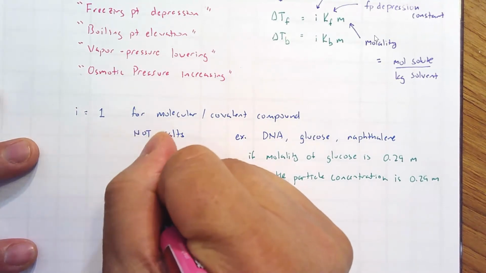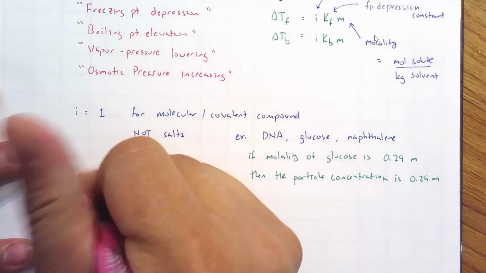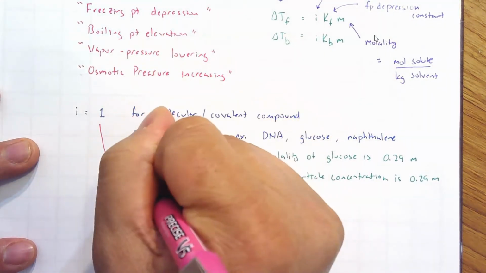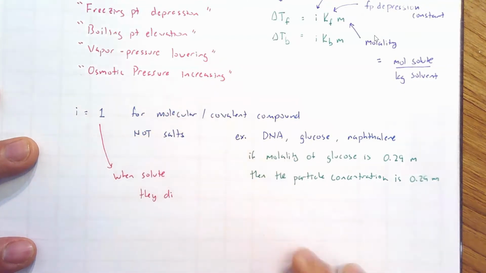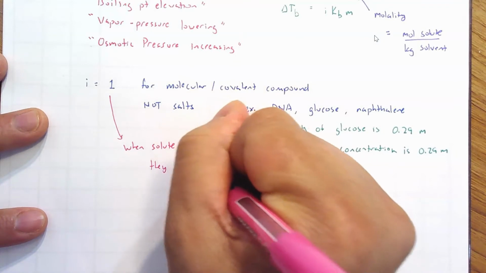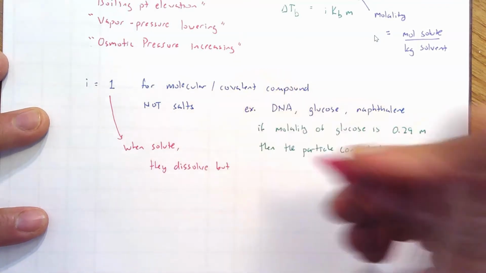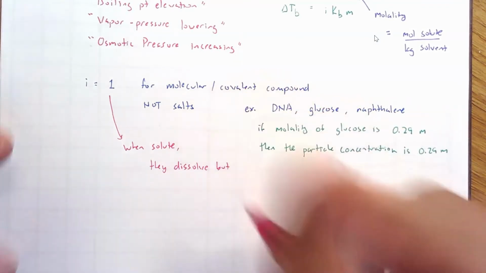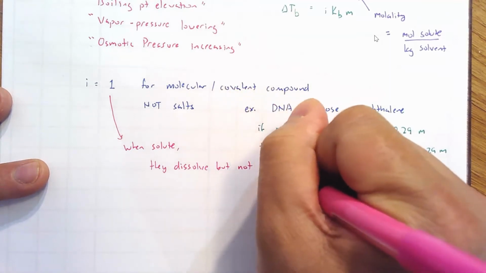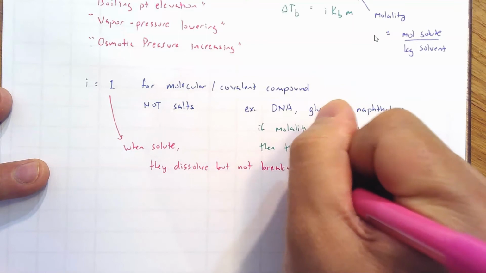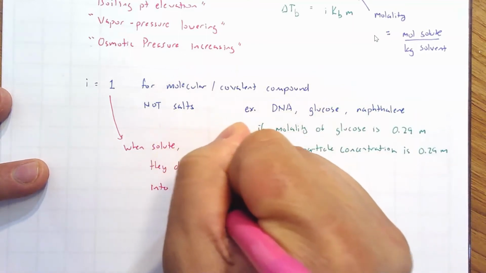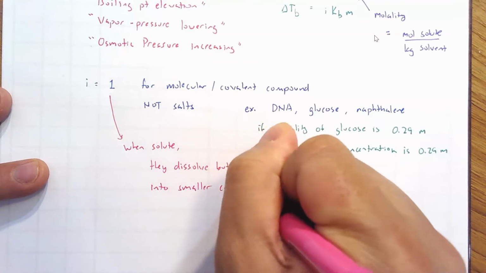Basically, they do not break up when dissolved. Use 1 when the solute dissolves but does not break up into smaller components, like ions.